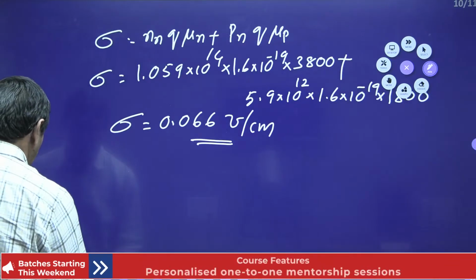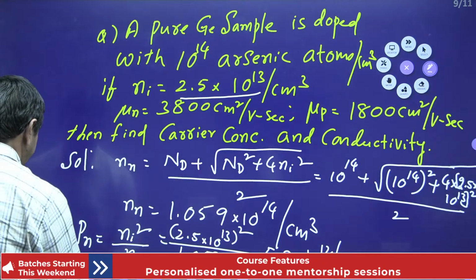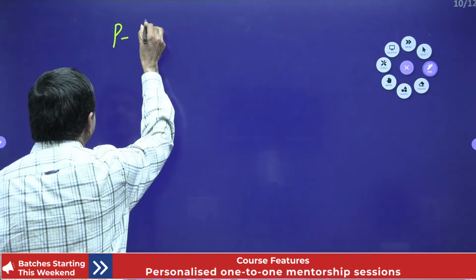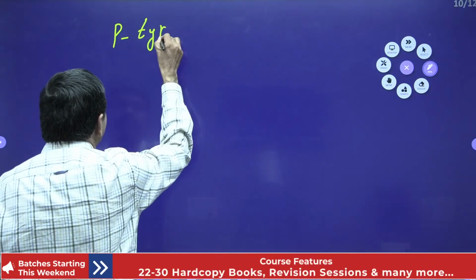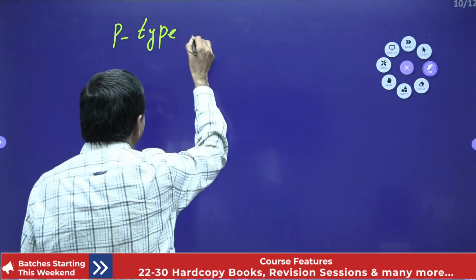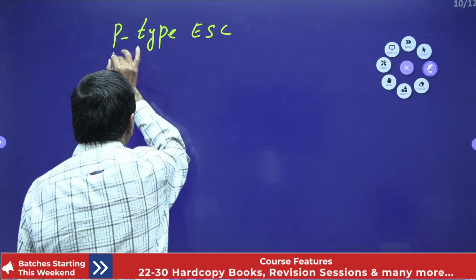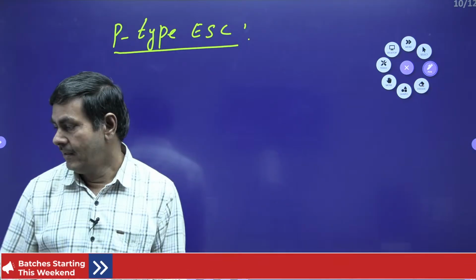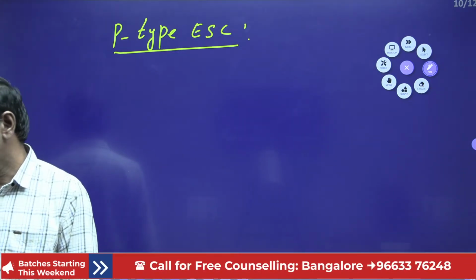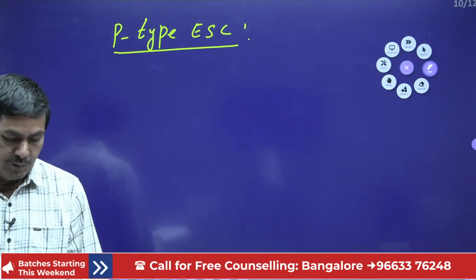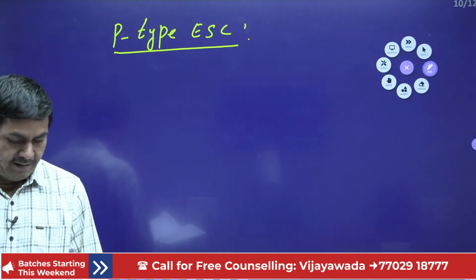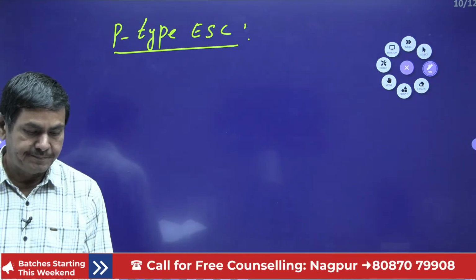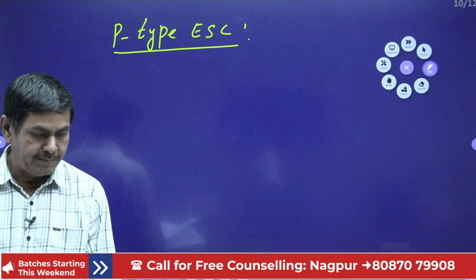Yes, now we can do p-type extrinsic semiconductor. I would like to give information regarding the p-type extrinsic semiconductor. After completing this, I can do the PN junction diode. I said already how the information is given, so please watch.